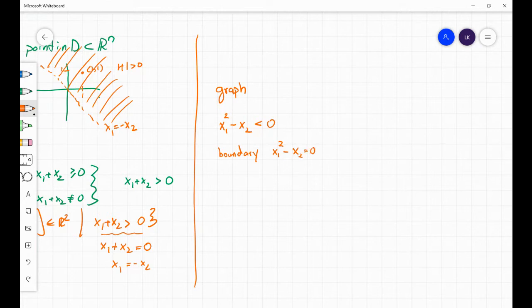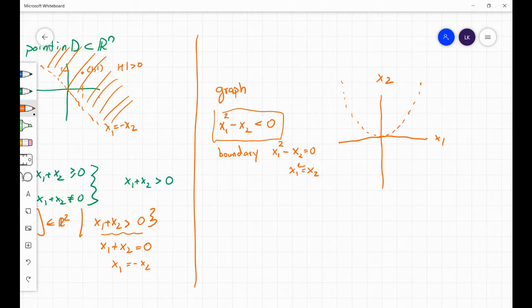So I want an equation because I know how to graph equations. I would see that this is x2 equals x1 squared, so that's a parabola. And then I decide whether this region is above the parabola or below the parabola.